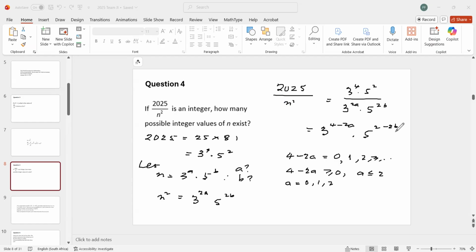All right. Now likewise, there's 2 minus 2b. Let's keep that in mind, because we're trying to solve for a and b. So 2 minus 2b is also greater than or equal to 0, and there you will have that b is less than or equal to 1. So b is 0 or 1.